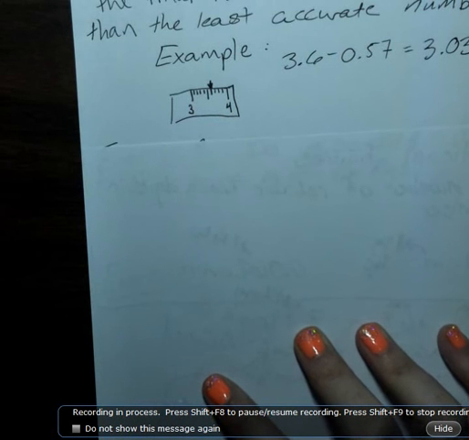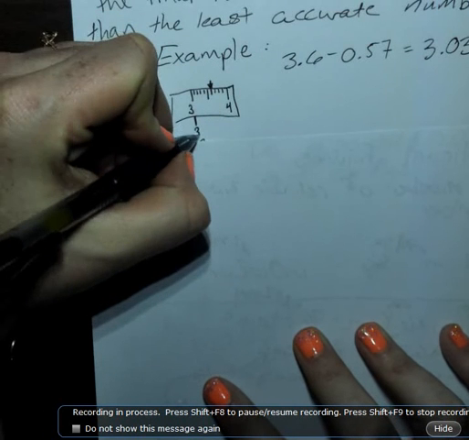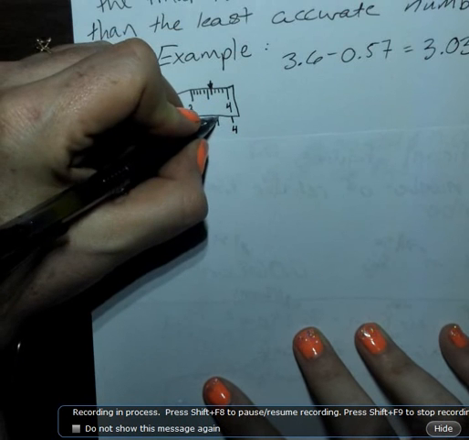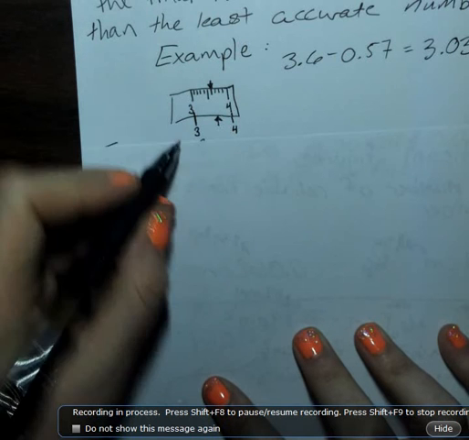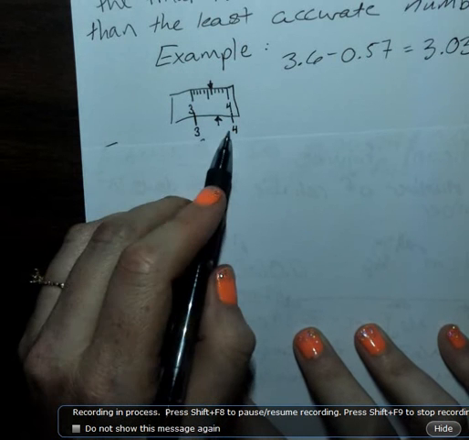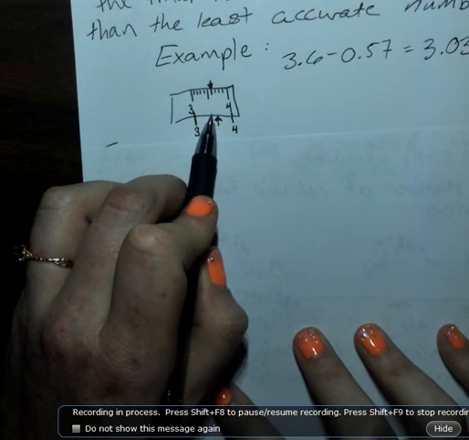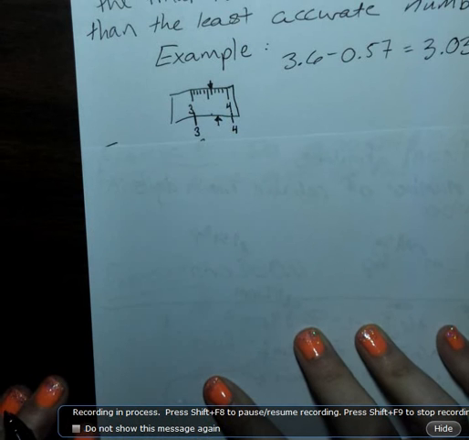Which means that, in truth, this first number was measured with a tool that looked more like this. It had a mark for the 3, it had a mark for a 4, and we had to estimate that if this was the halfway mark, we're maybe 0.6, not 3.5.